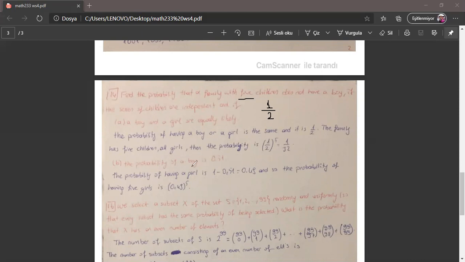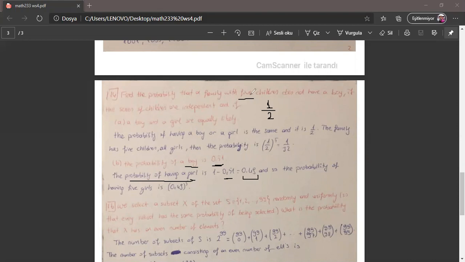And if this is the probability of having a boy, we need to subtract this one from 1 to find the probability of having a girl, okay? So it's this. This is the probability of having a girl.